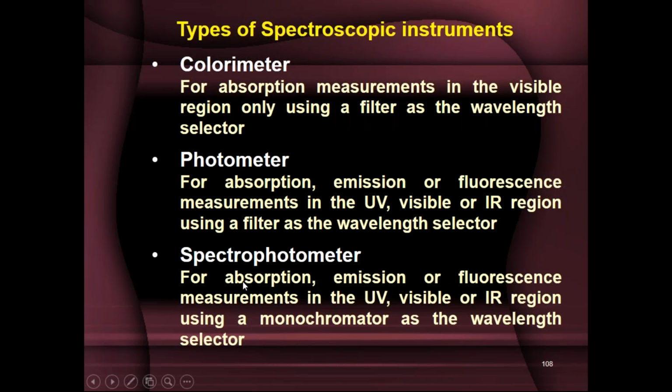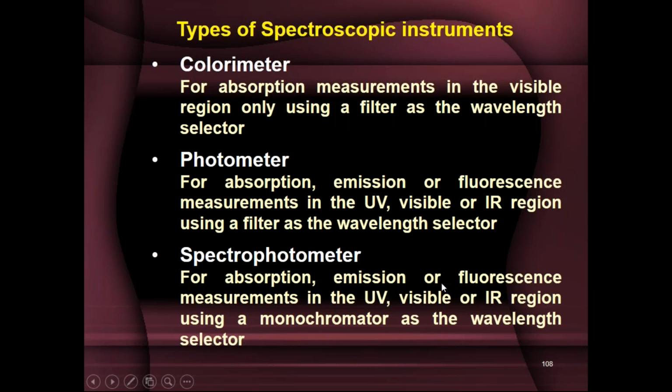Then you have the spectrophotometer and photometer. The difference between these two is only in the wavelength selector. In the photometer, you use a filter. In the spectrophotometer, you use a monochromator. The similarities are both are used for absorption, emission, or fluorescence measurement, and both can use UV, visible, or IR radiations. So if you're using UV radiations, you call it a UV spectrophotometer. With a filter, you call it a UV photometer.